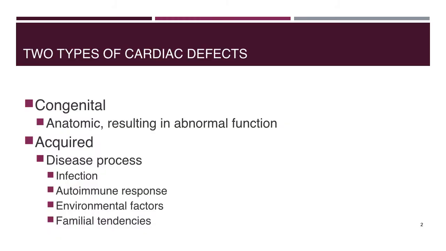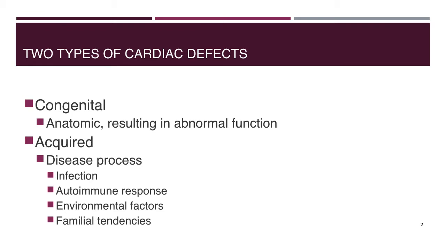There's two types of cardiac defects. The congenital defects usually result in anatomic abnormalities that result in abnormal function of the heart. Then we have acquired defects as well.